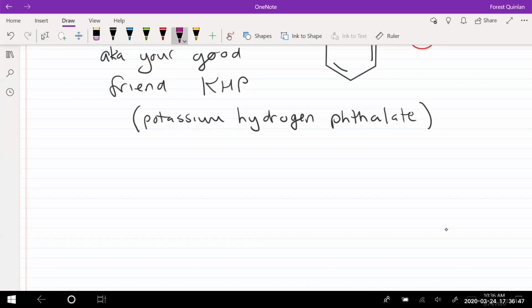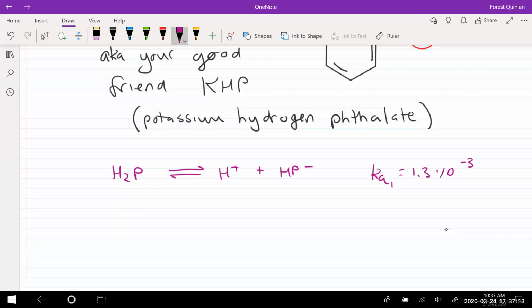So we have H2P. Remember we said KHP, it's not phosphorus, we're gonna go for phthalate. That's gonna break up into H pluses and HP minuses, and that's gonna have a Ka1 equal to 1.3 times 10 to the minus 3.